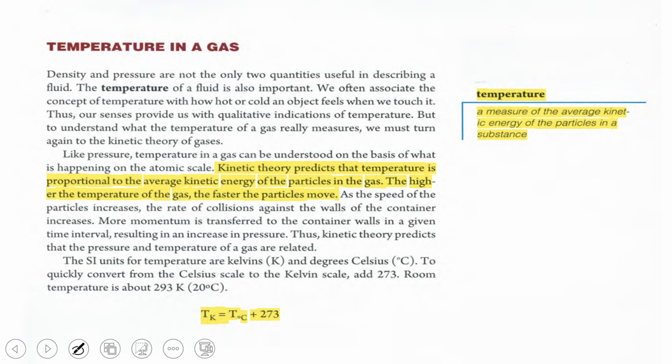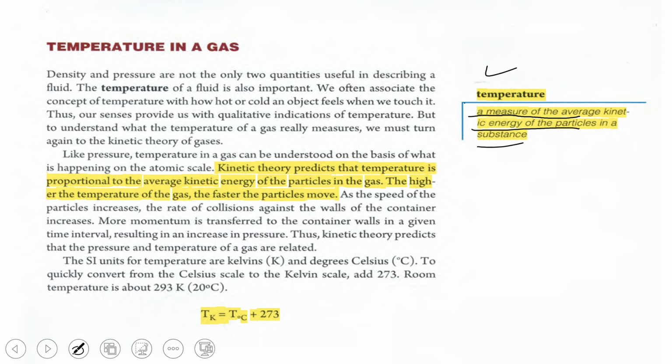Another topic is left. We have another new topic, which is called temperature in gas. Students, before we explain all this, we have a definition of temperature. Temperature is a measure of the average kinetic energy of the particles in a substance.